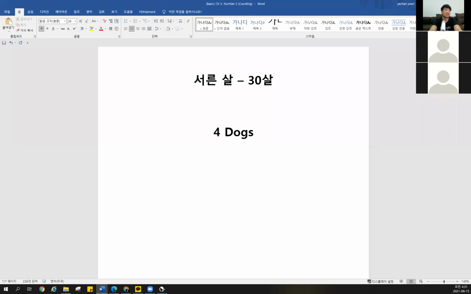Oh, Jesus. Okay. So 4 dogs, how can you say? I will give you the hint. This is the counting word. This is the cheat key. So how can you say? The format was object, number, and counting words.